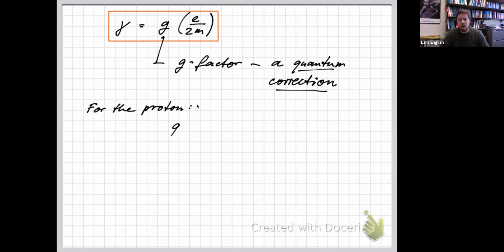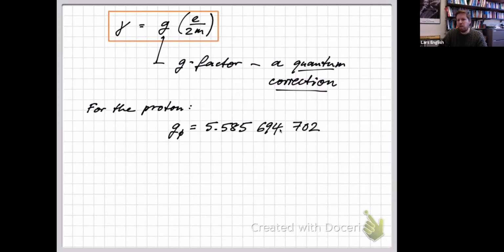When you do this calculation for the proton, you see that G for the proton, G sub P, as I denoted here, is fairly substantial. It's 5.585. So the quantum correction is not a small correction by any means. The classical result is quite a bit off from the true number.